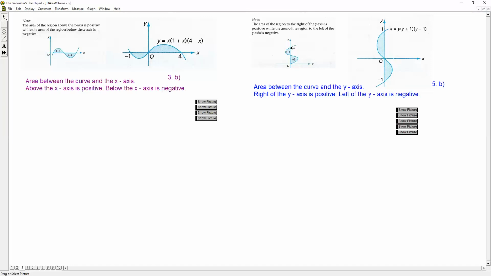Now again, we look at the graph shown here. The area on the right hand side of the y-axis is a positive number. When you integrate, the area you found on the left hand side is a negative number.